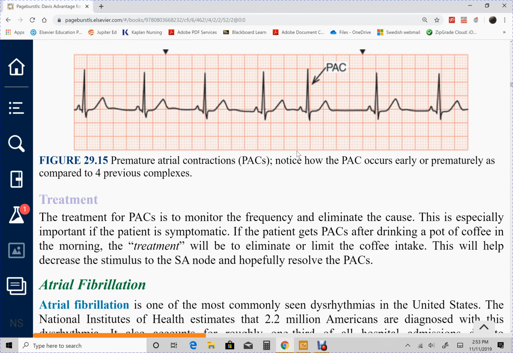I'd like to reiterate that PACs are not really harmful unless they occur more frequently. Then that serves as a warning sign that there may be more serious dysrhythmias coming. But PACs by themselves are usually harmless. So your only action here is to identify and eliminate the cause.